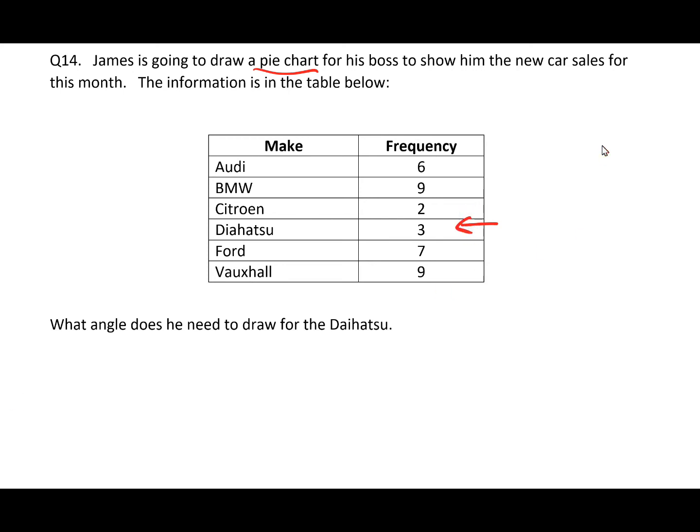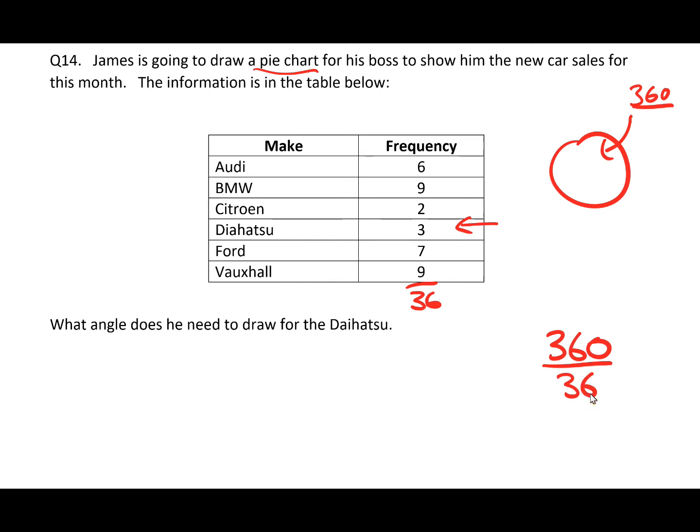So remember, whenever you draw a pie chart from scratch, whatever you've got has to literally go into 360. So we need to work out the total of our frequency and divide 360 by that number. So 9 and 6 is 15, 16, 17, 20, 27. We have 36 cars that divide into 360.